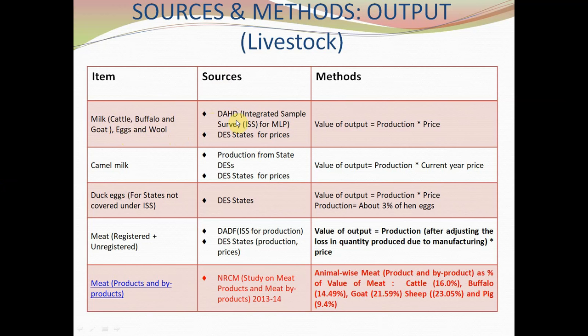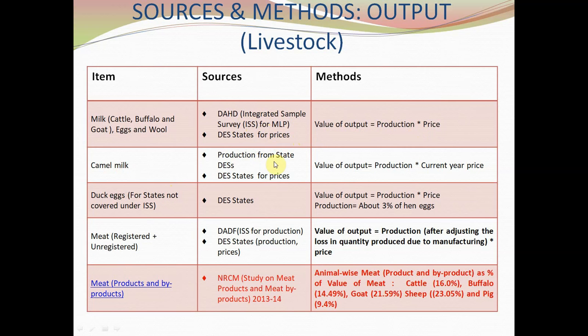For this, the source is DAHD, Department of Animal Husbandry and Dairying, in the Ministry of Fisheries, Animal Husbandry and Dairying. We are using the integrated sample survey for major livestock products, and DES states are providing the prices. Value of output is calculated by the same method, which is production into prices.